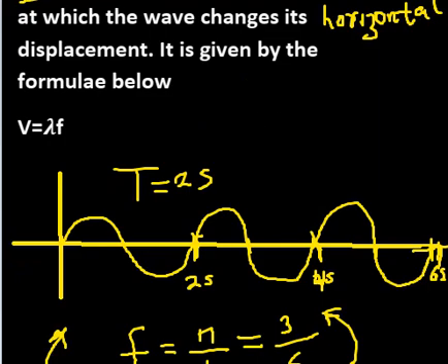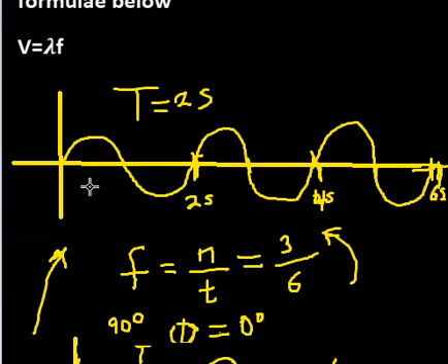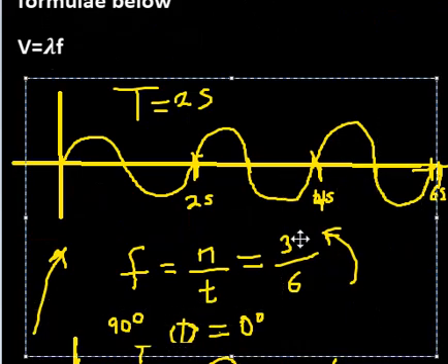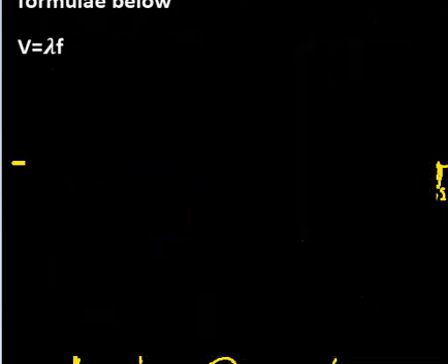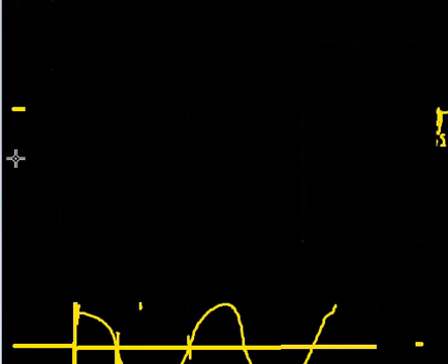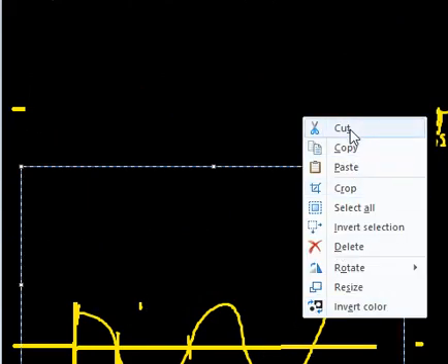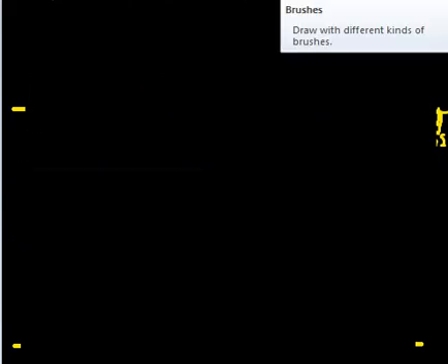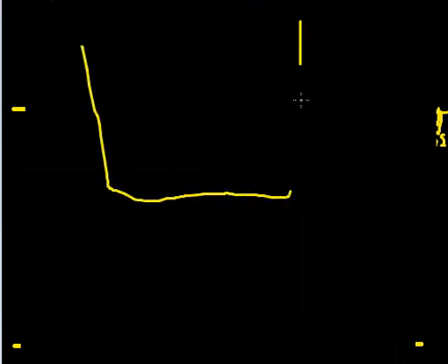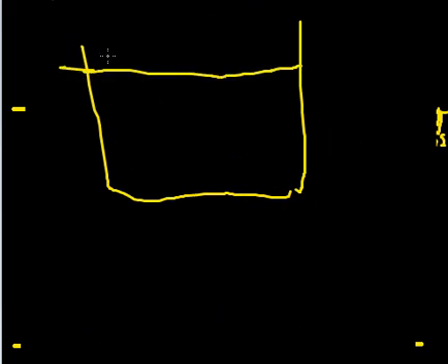So the rate at which the wave, remember, a wave vibrates and at the same time it can also move from one part of the medium to another. There are two movements that a wave has. Let me just bring that to your notice. Let's say I want to illustrate using the water ripple. This is the water, and this is where I disturb the wave.